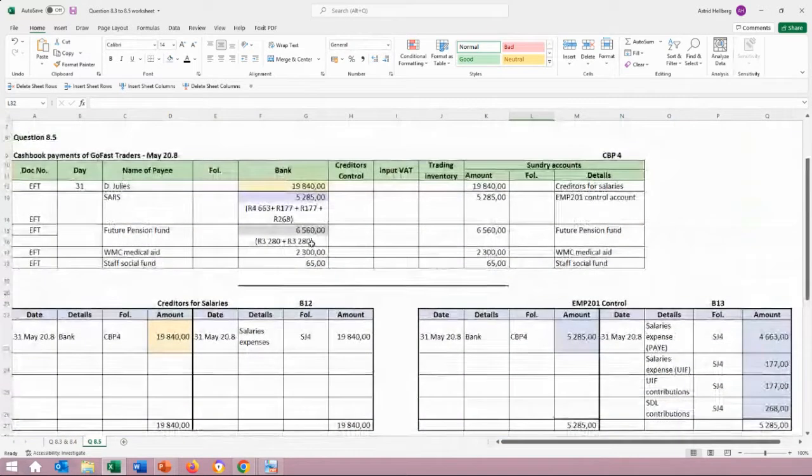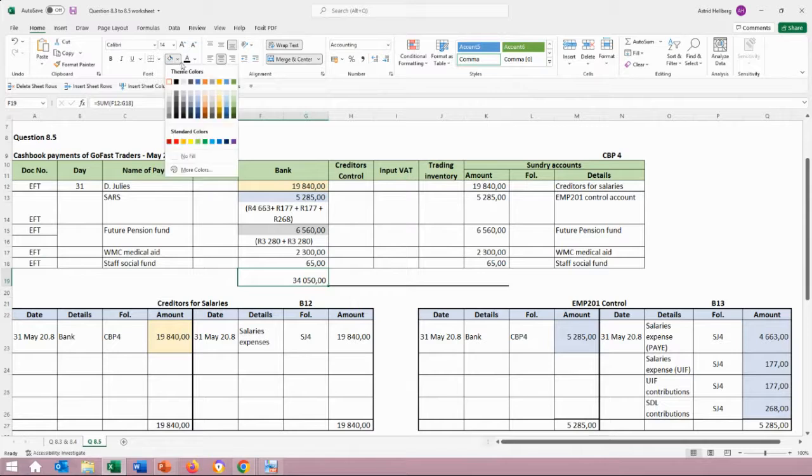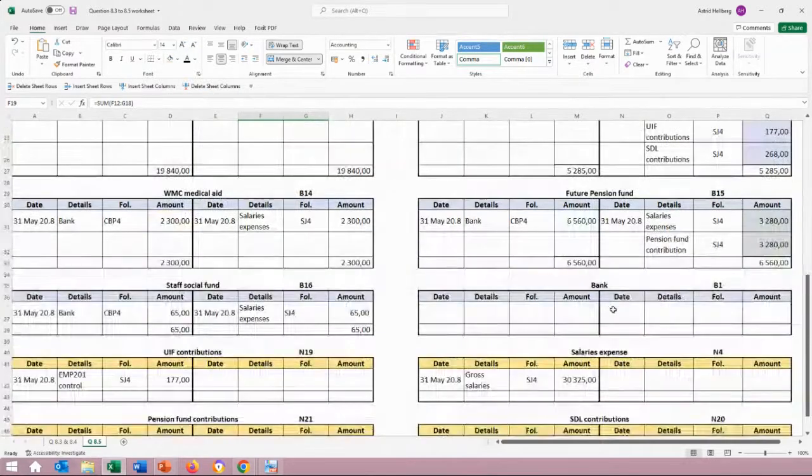Now, I've added one more step in here just to show you. Because this is only the 31st, this balance will not be correct. But if you've taken all of the balances in that bank account, this 34,050 Rand would then be transferred to your bank account, which means 34,050 Rand was the total payments that were made out of the bank account.